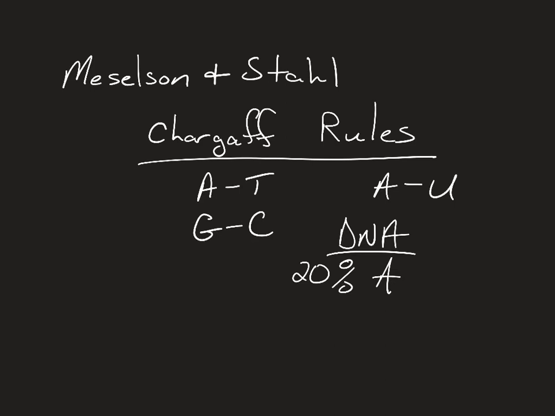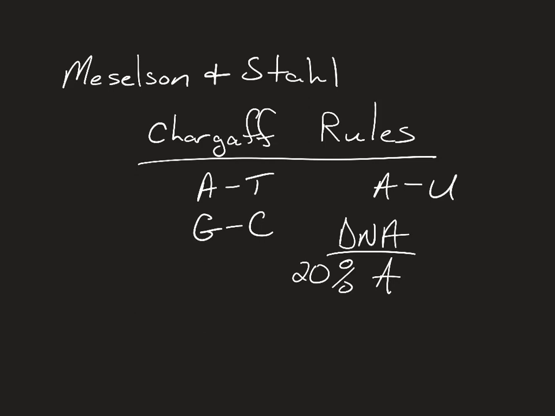Wait. 20% A, then what? I can't hear you. 20% G. Why 20% all of them? That will only be 80. I need you to look at this board and think about it. It has to equal what? What percentage of, if I have 20% A, what must something else be?